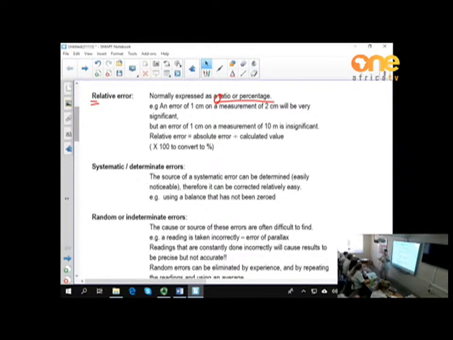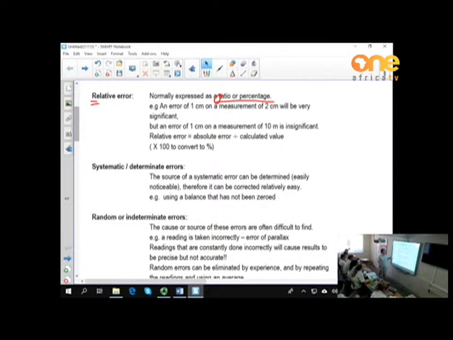Now, the percentage error on the rubber is going to be quite large. You follow me? Because being out 1 millimeter on 15 millimeters is quite a large error. But being out 1 millimeter on 400 millimeters is so small, it's actually negligibly small. Do you understand?